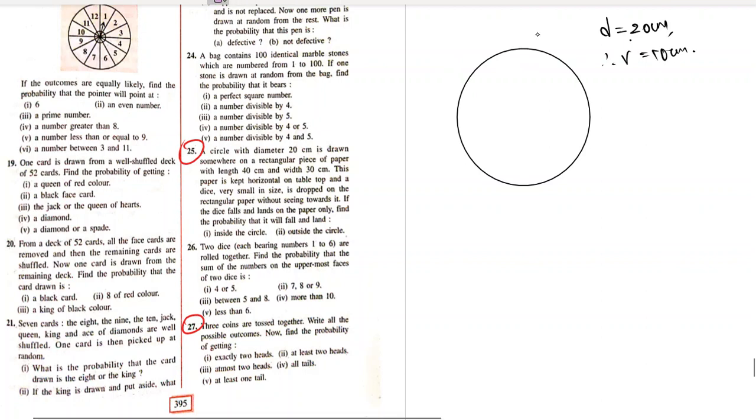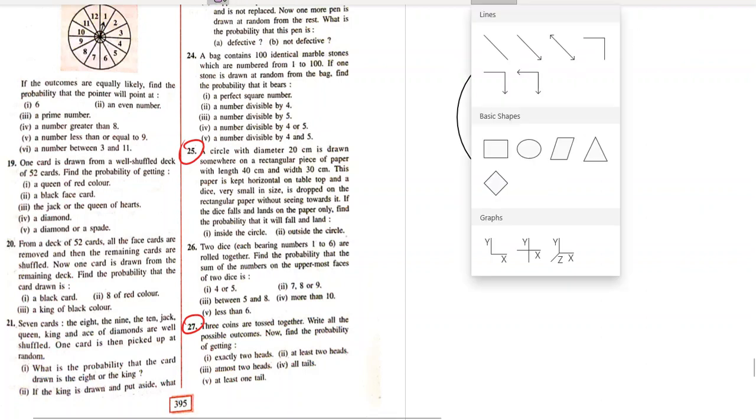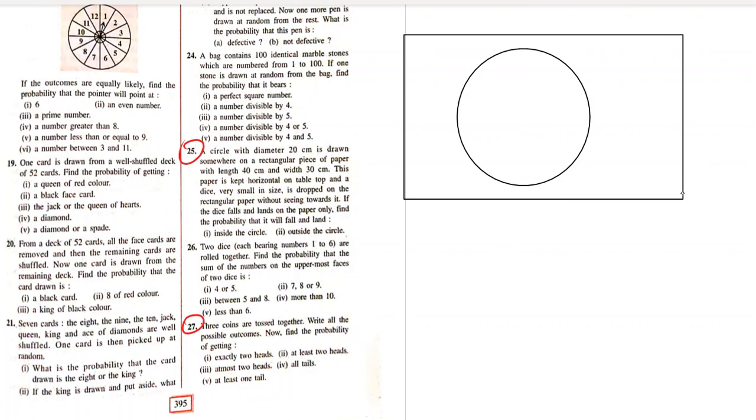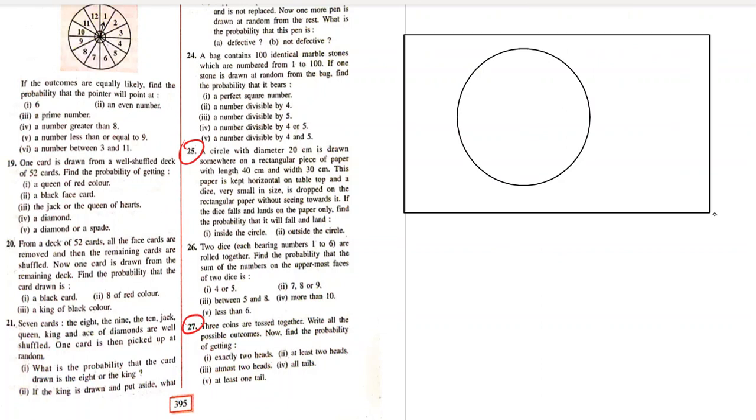On a rectangular piece of paper. So we have to draw a rectangle also. Wait, let's select a rectangle. Great. So we have a rectangular piece of paper. So the diameter of circle is 20 centimeter and the radius is 10 centimeter.